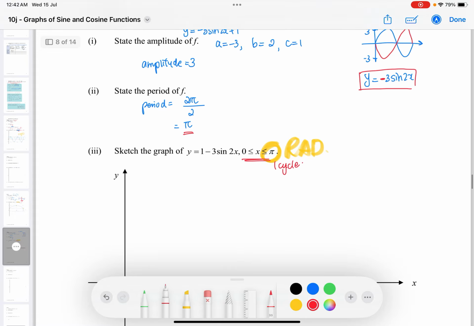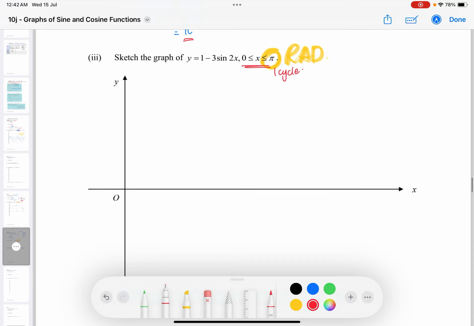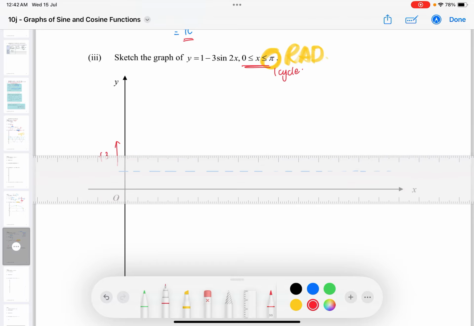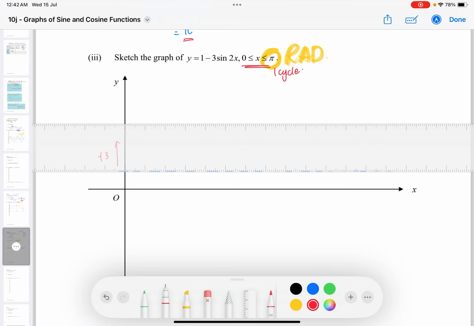Okay, so now we can start. Our axis of the line is at y equals to 1. Then because my amplitude is 3, I'll plus 3 to go up. Plus 3 to find my maximum. 1 plus 3 is 4.